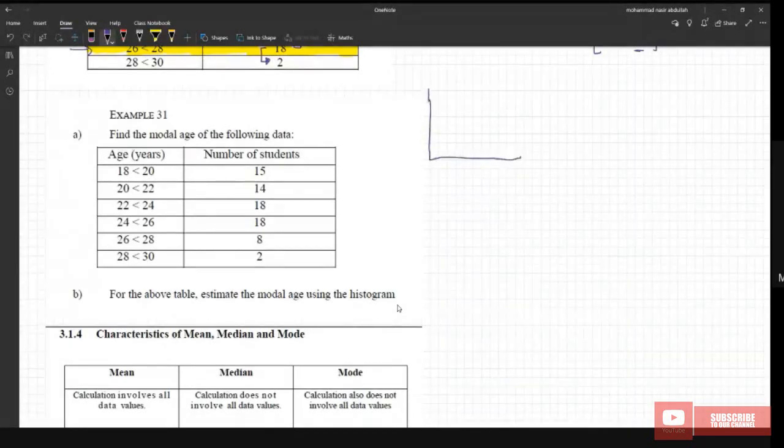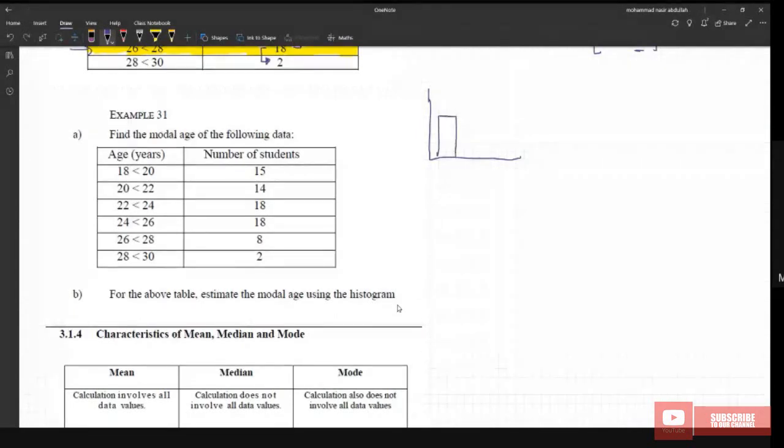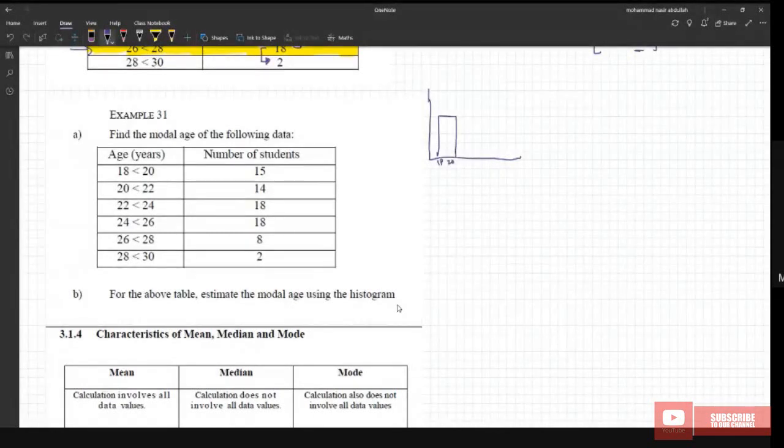So let's say 18 to 20, we have 15. 20 to 22, we have 14. 22 to 24, we have 18.